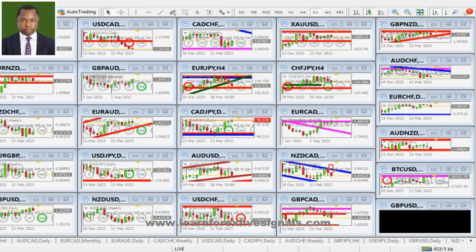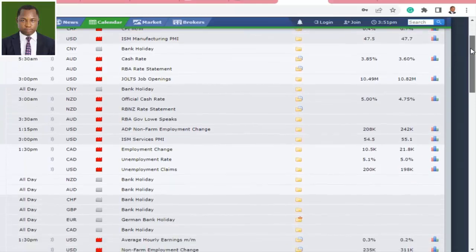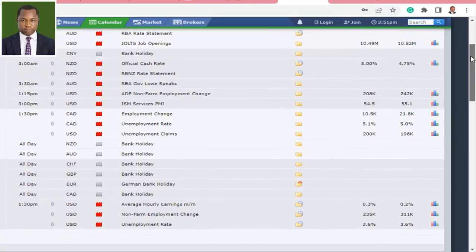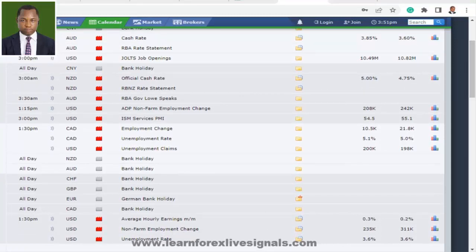And so before we look into that pair, let's look into the economic calendar to see those high impact news announcements that are scheduled for this trading week. As you can see right here, we have a good number of high impact news announcements and also bank holidays. We are going to be having an interest rate announcement.